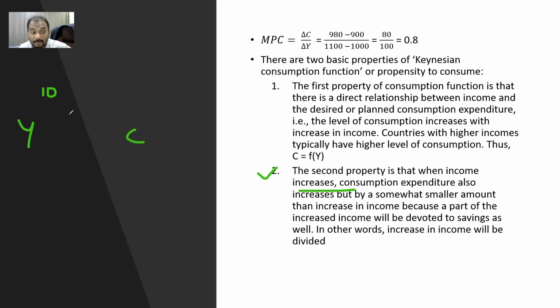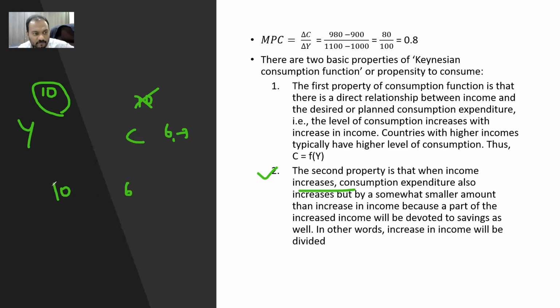Your consumption will not increase by 10 times. Consumption will increase by 6 times or by 7 times. So when your income increases, the consumption expenditure also increases. Income increases 10 times, consumption expenditure increases 6 times.